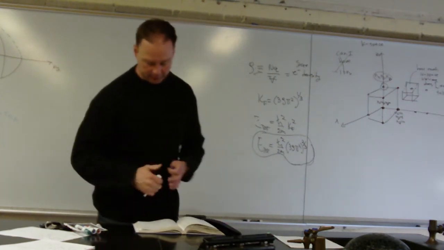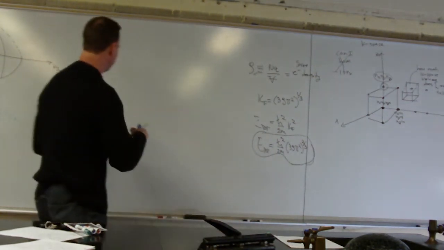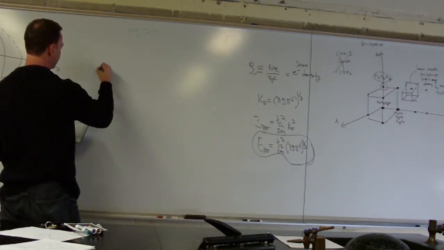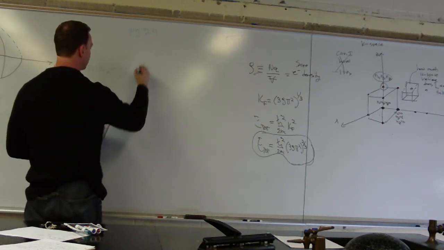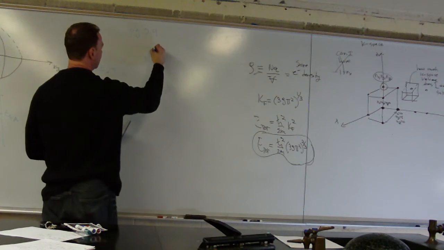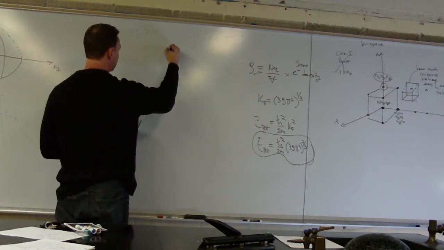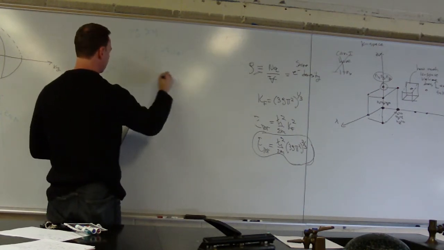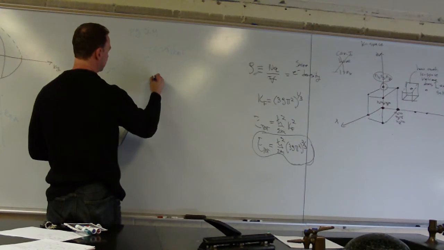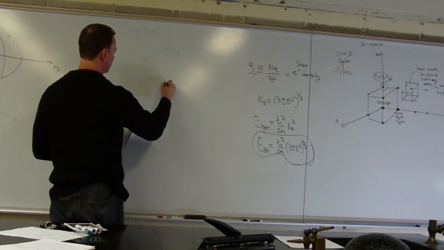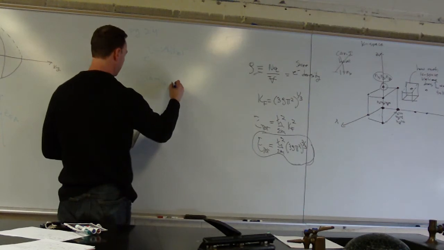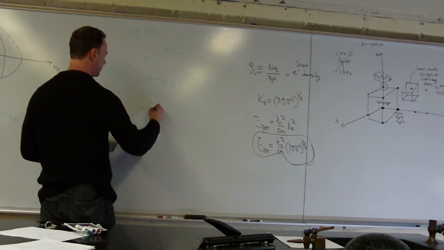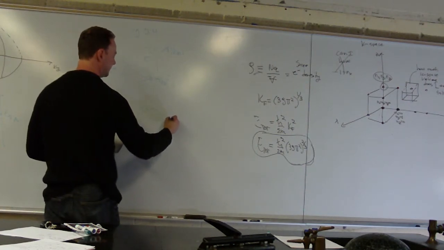Yep, so page 241 gives the following: n of epsilon equals e to the minus (epsilon minus mu) over kBT, and then we have 1 over e to the (epsilon minus mu) over kBT plus 1, and then 1 over e to the (epsilon minus mu) over kBT minus 1 for bosons.